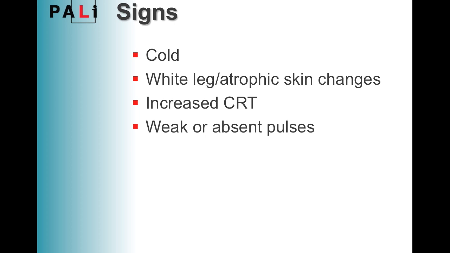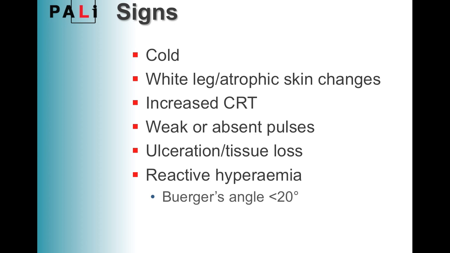There are weak or absent pulses, and again, the level at which the pulses disappear can indicate the level of disease. There's sometimes ulceration, so punched out arterial ulcers that are very painful, and tissue loss either in between toes or around ulcers. And then Buerger's test is used to indicate if there is reactive hyperemia.